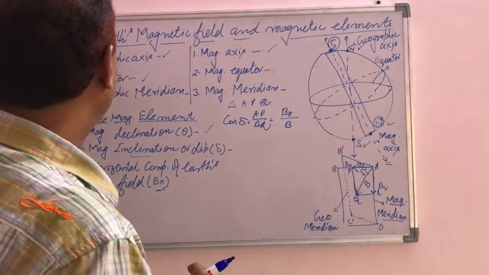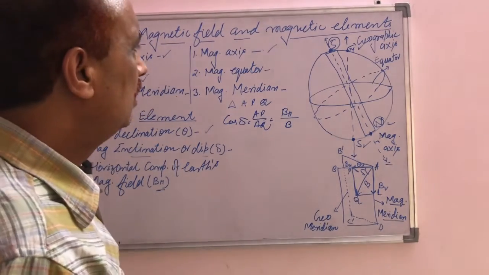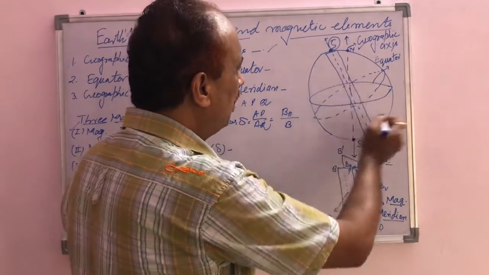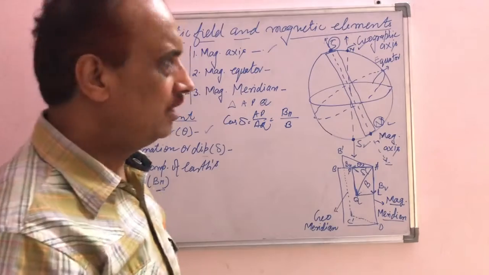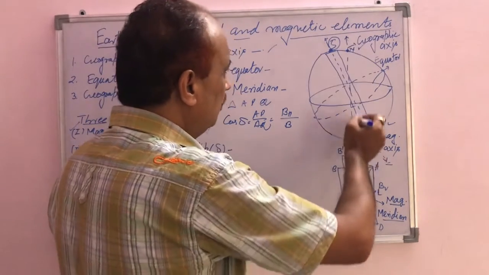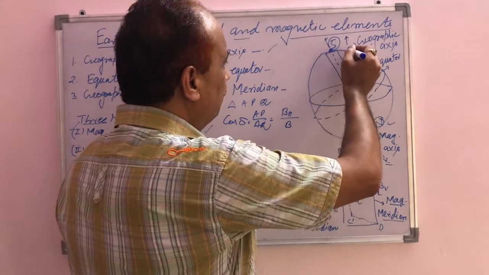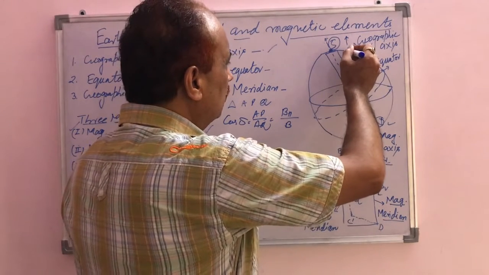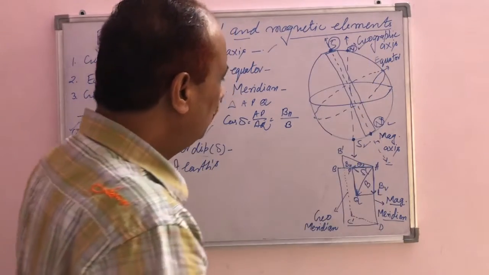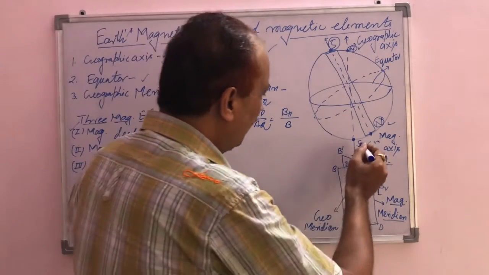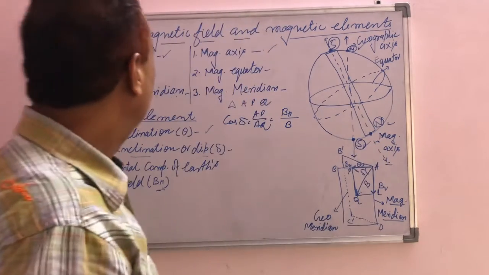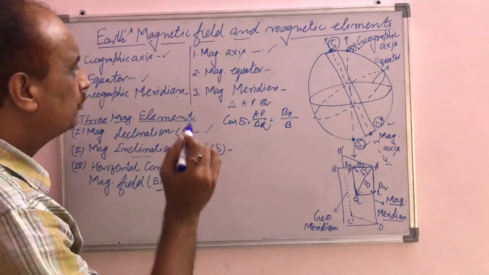Now we'll discuss some points. What is the geographic axis? The geographic axis means the axis about which the Earth rotates. The line which cuts the Earth's surface in the north direction is represented by the north geographic pole, and in the south direction it cuts the Earth's surface at the south geographic pole.